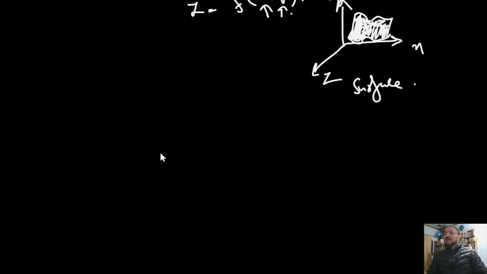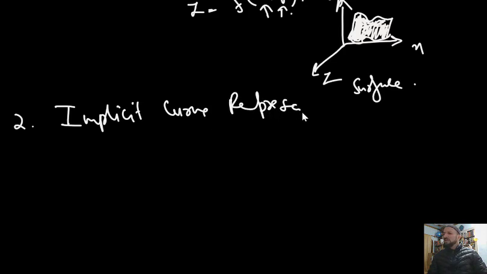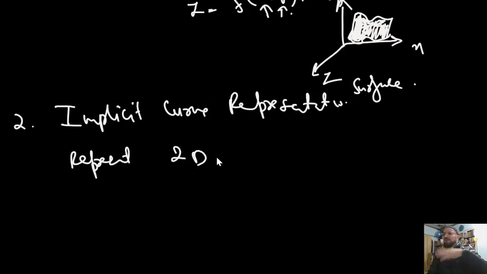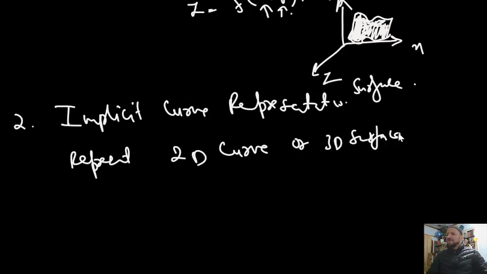Now the next representation is the implicit representation. In implicit curve representation, we represent a 2D curve or a 3D surface, because a curve is on 2D, and on 3D, when you take up the z parameter also, we get a surface.